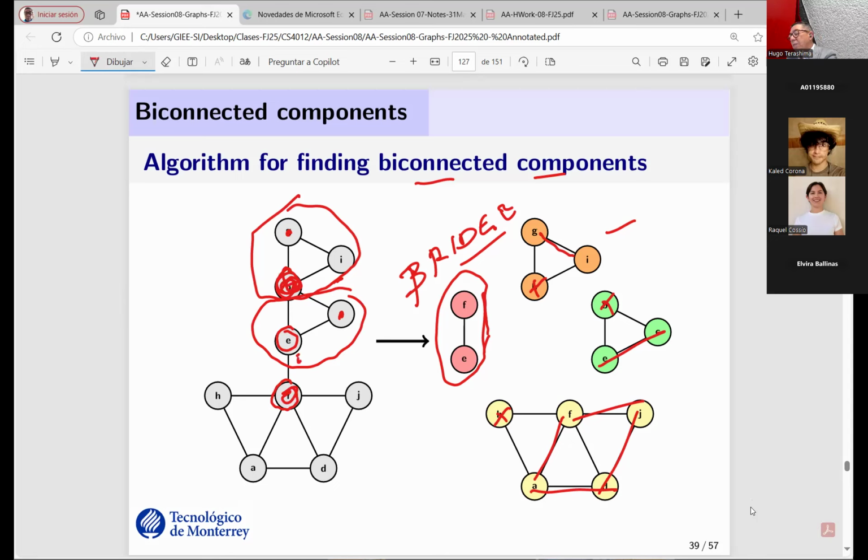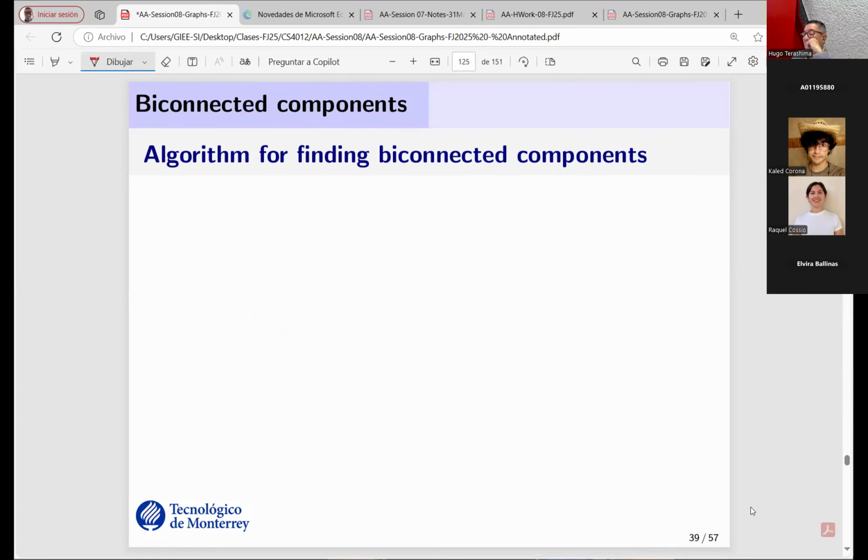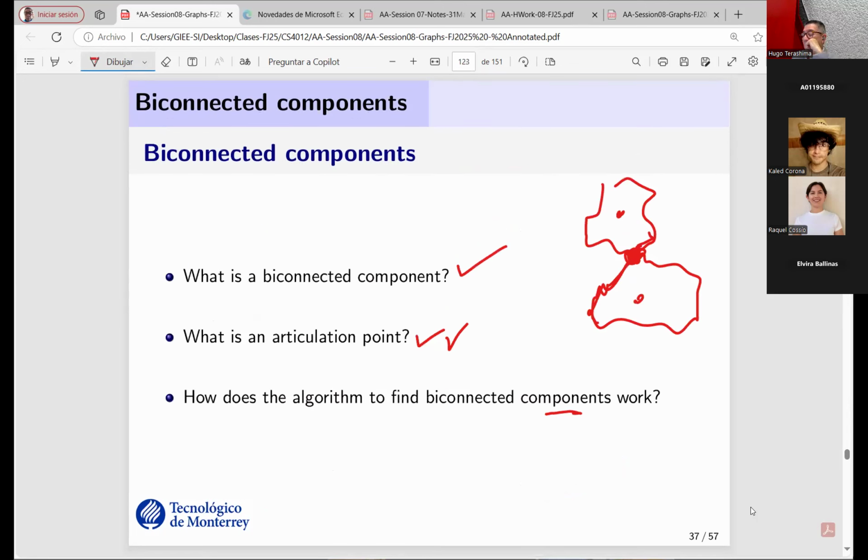If you want to go from one of the elements here to one of the elements here, you have to go through this one in particular. So what you're going to get in the algorithm, given this graph, is these 4 bi-connected components, right?